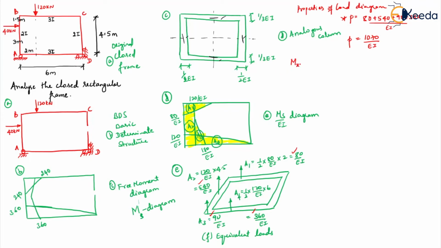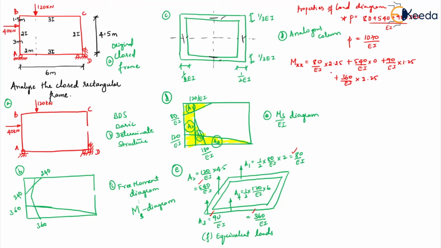First let's do MXX. It's equal to 80 by EI into 2.25 plus 540 by EI into 0 plus 90 by EI into 1.25 plus 360 by EI into 2.25.